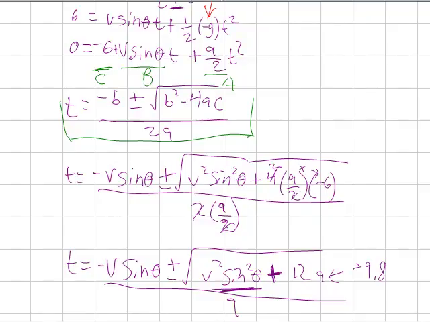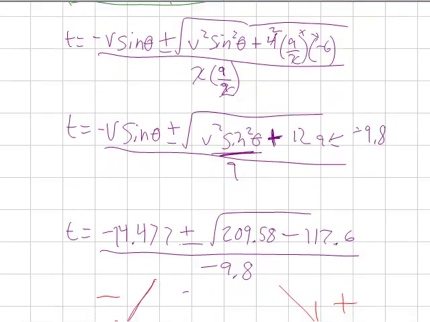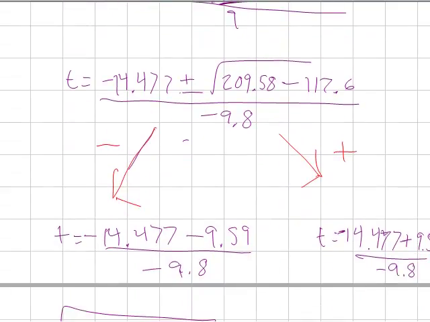Once you work that out and do some more cancellation right here, you'll end up with t equals minus sine of theta plus or minus the square root of this. We keep on solving it till we get the numbers, and we get t equals this.